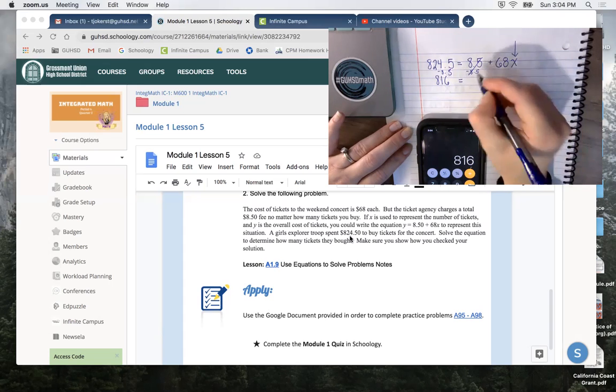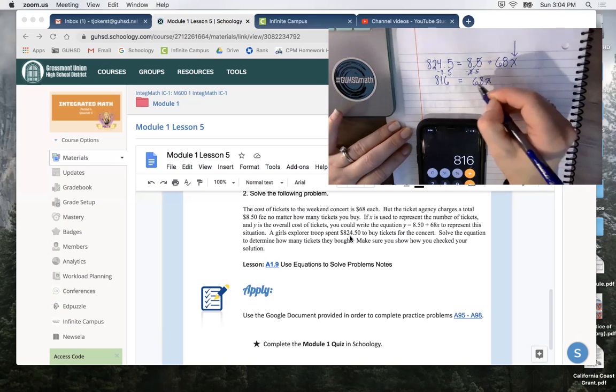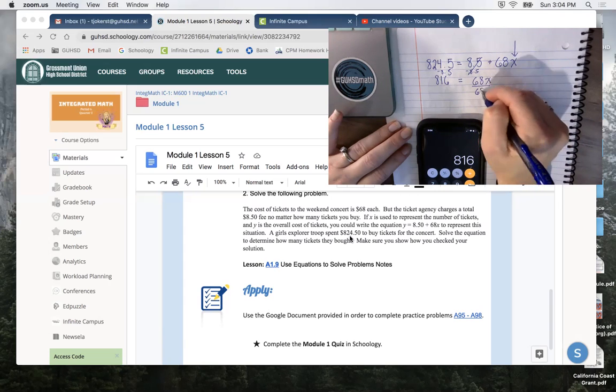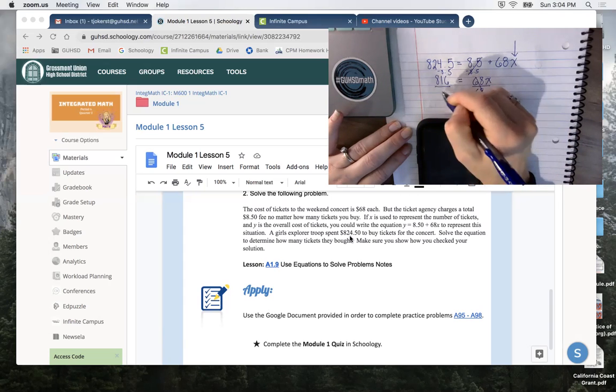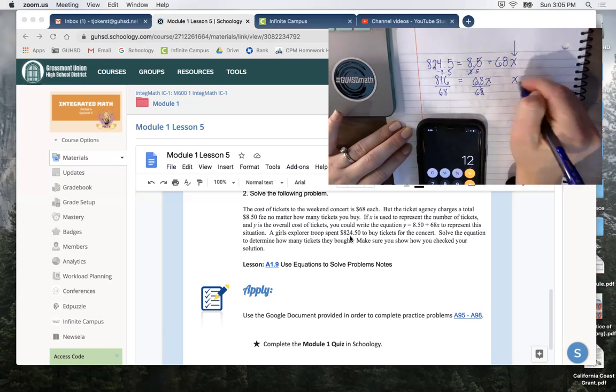And now that equals $68 per ticket times however many tickets we have. To solve for X, I'm now going to divide by 68. So I take my 816 and divide by 68, and I get 12. X equals 12.